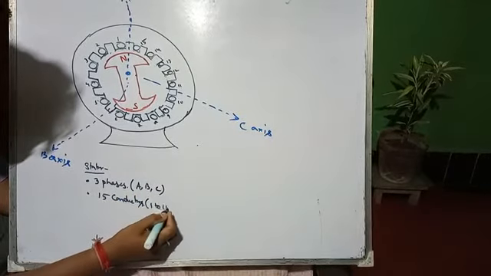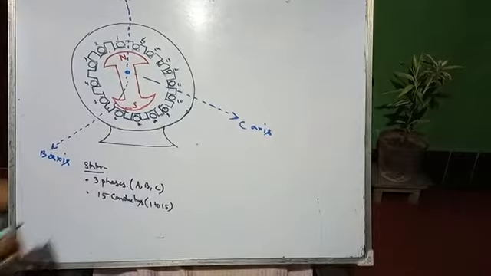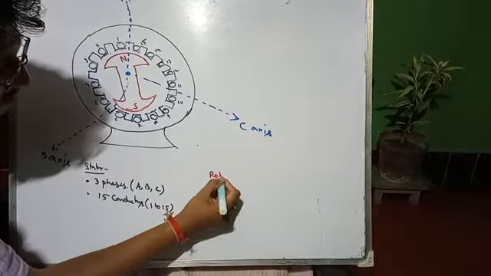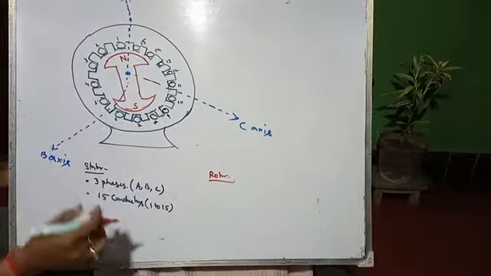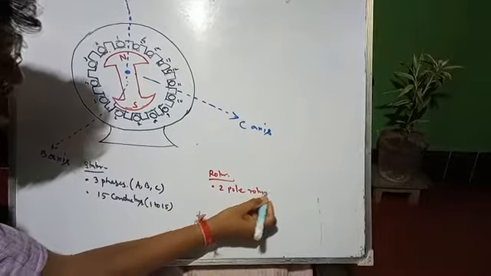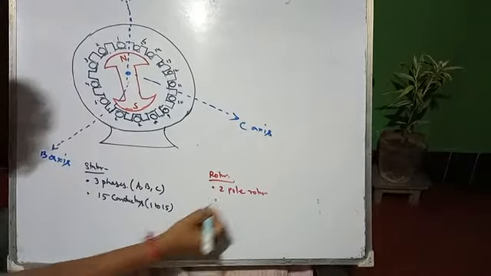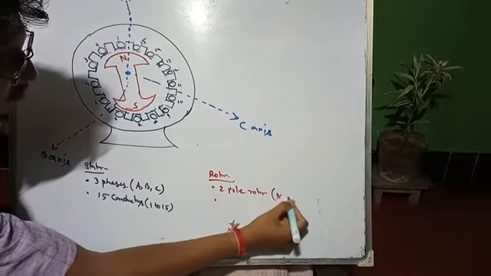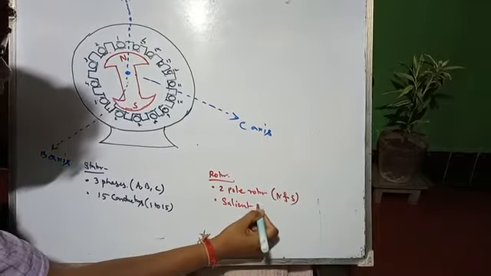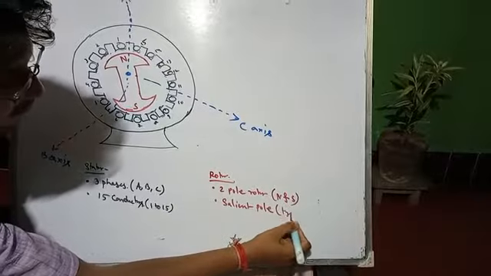Then the rotor: by eye measurement you can say it is a two pole rotor, north and south, and it is a salient type pole. The type of the rotor is salient.